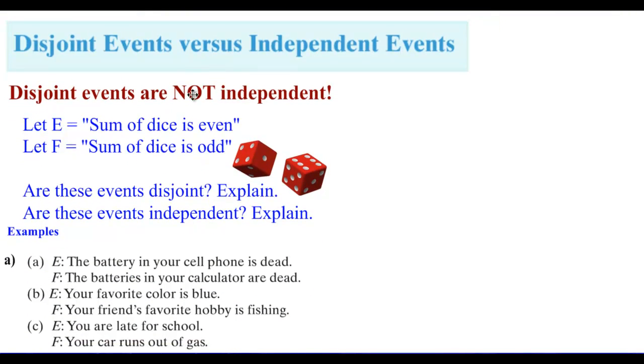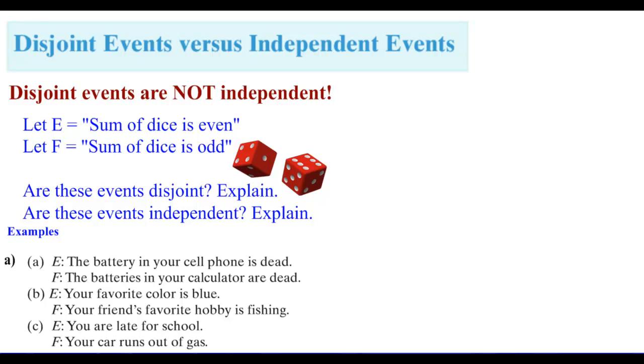So disjoint and independence, it doesn't mean the same thing. Disjoint means they don't share any common outcomes, so you can't be both things at the same time. For instance, you couldn't be male and female at the same time, or if you flipped a coin, you couldn't be a head and a tail.